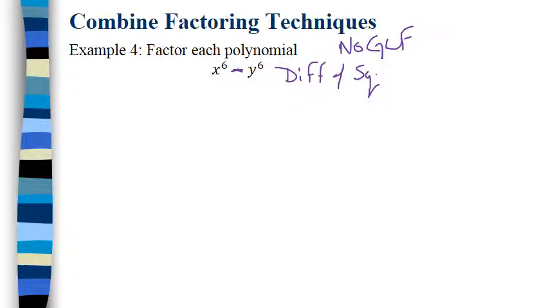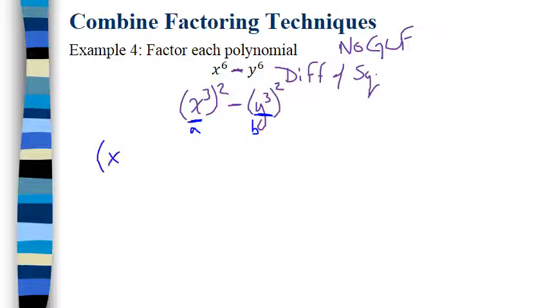And so if we look at this, we can rewrite this as x cubed raised to the second power. So x cubed is my a, minus y to the 6 can be rewritten as y cubed to the second power. So my b is y cubed. And then I use the form of difference of squares.